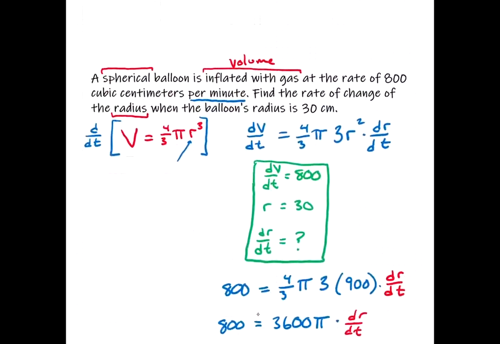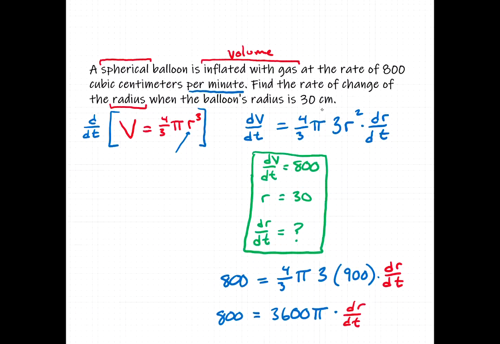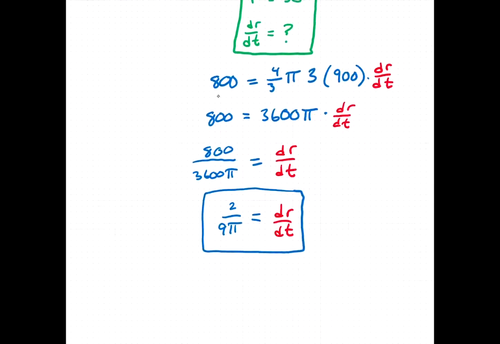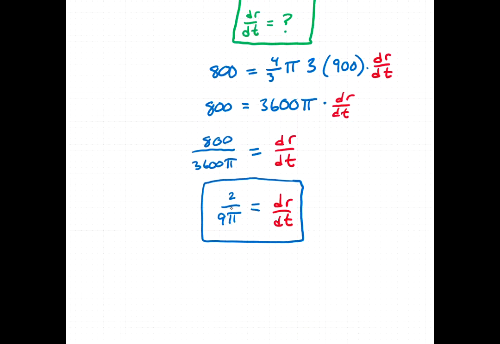Well, the radius is measured in centimeters, and time is measured in minutes. So let's say 2 over 9 pi centimeters per minute, because it is a rate of change.